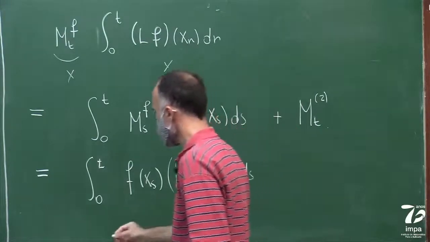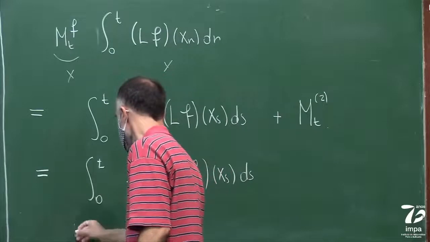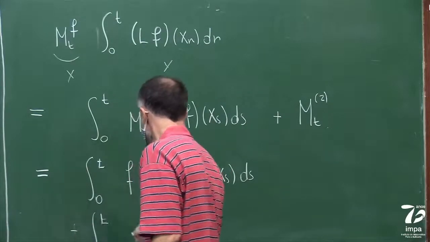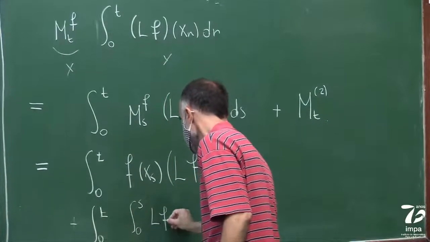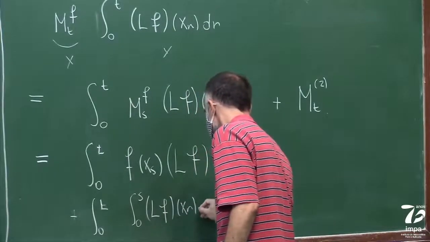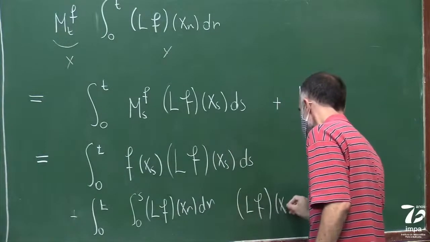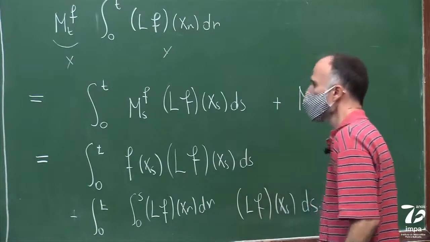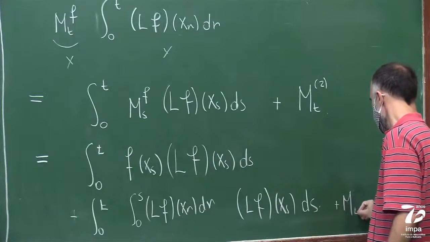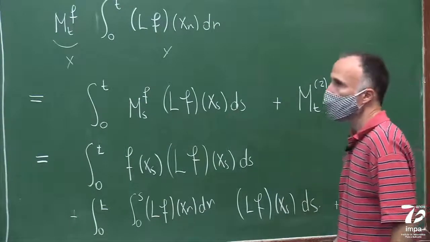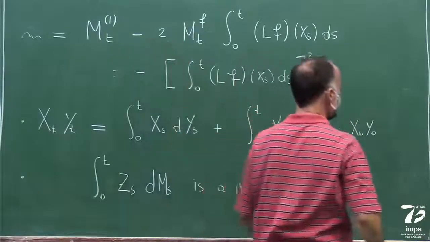So this is one term, plus or minus, and then I have an integral from 0 to s of Lf(X_r) dr times Lf(X_s) ds. Okay. And plus a martingale. So now let's recall what we are doing. We are computing this term. There is a minus 2 in front.